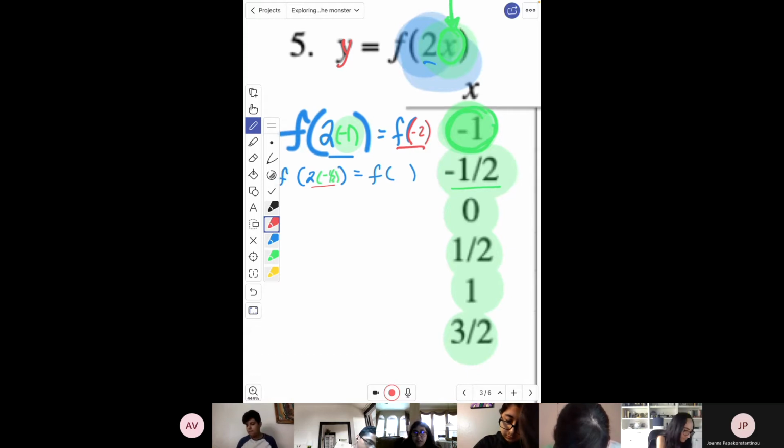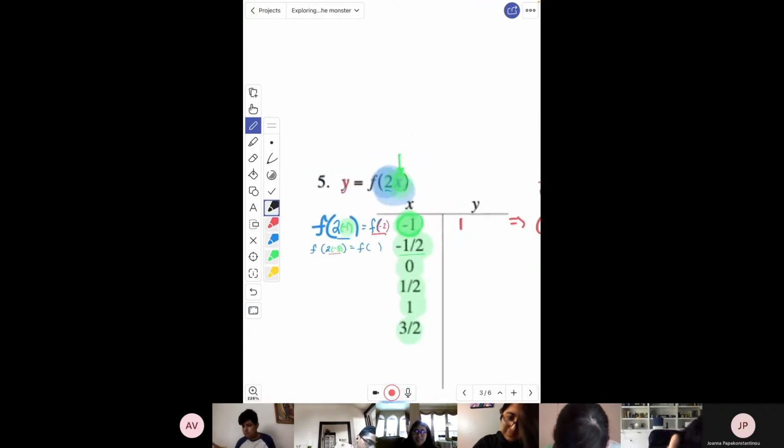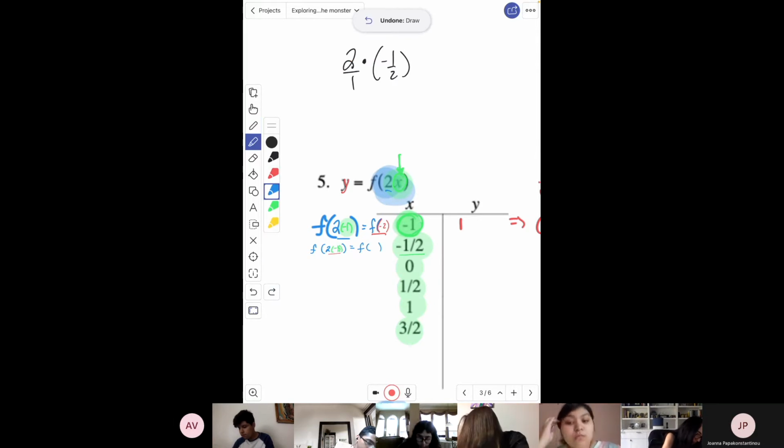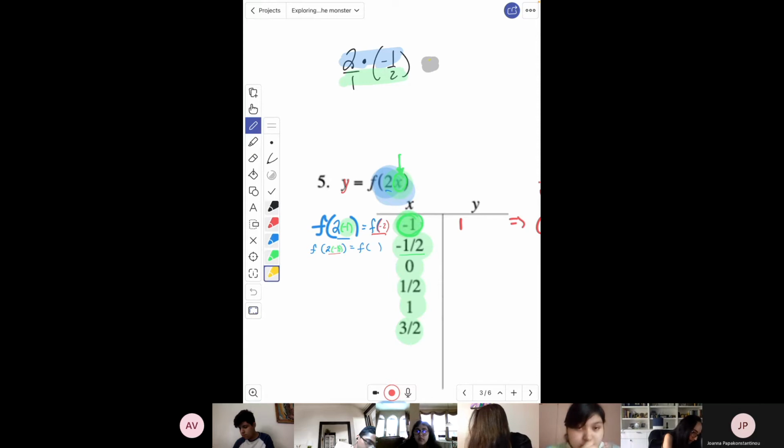I'm not really good with fractions, Miss. Well, let's do it. If I take 2 times -1/2, this is 2 over 1 times -1/2. When you multiply fractions, you multiply the numerators, you multiply the denominators. So if I multiply my numerators, what am I going to get?